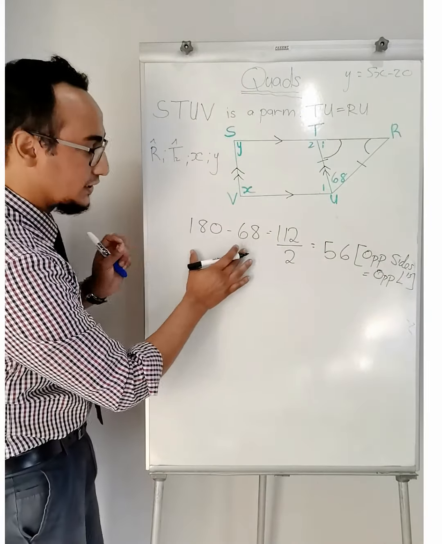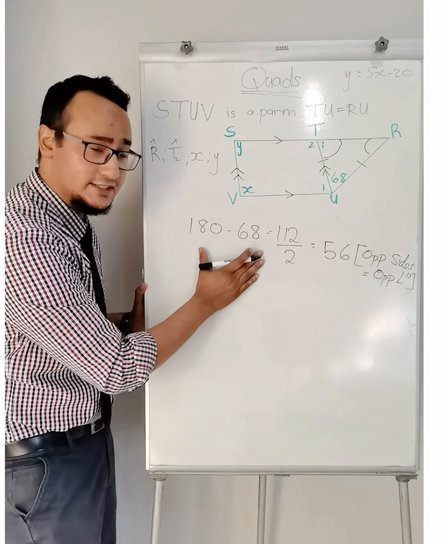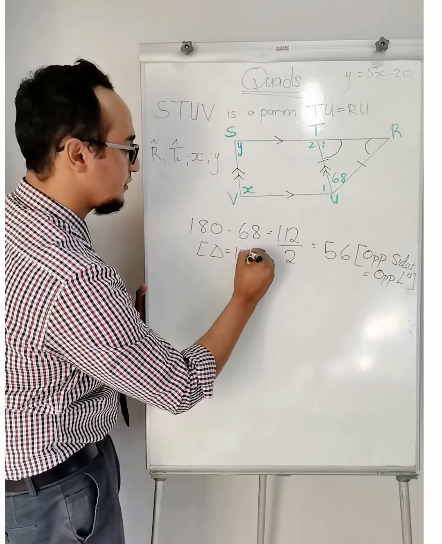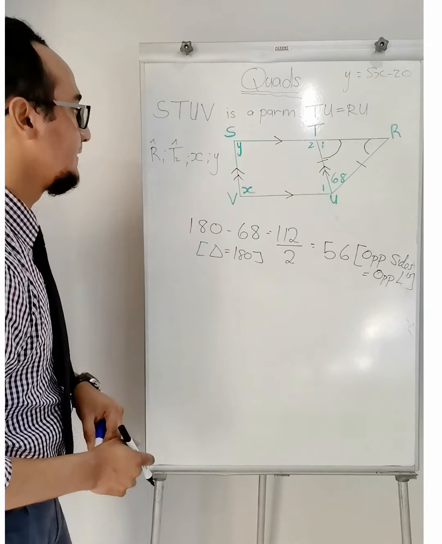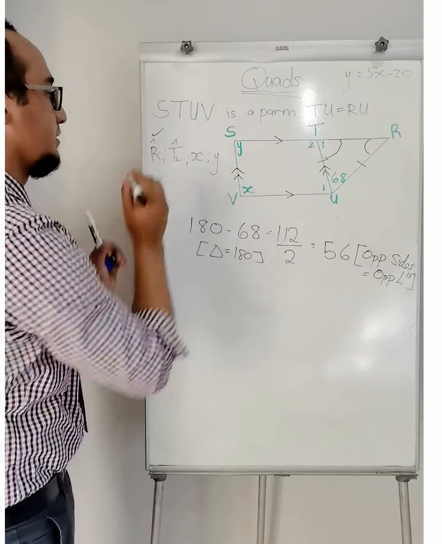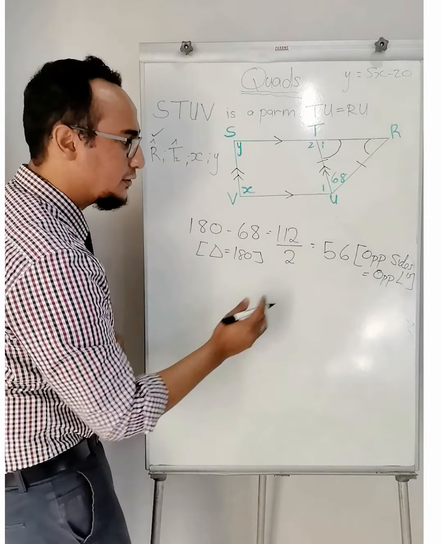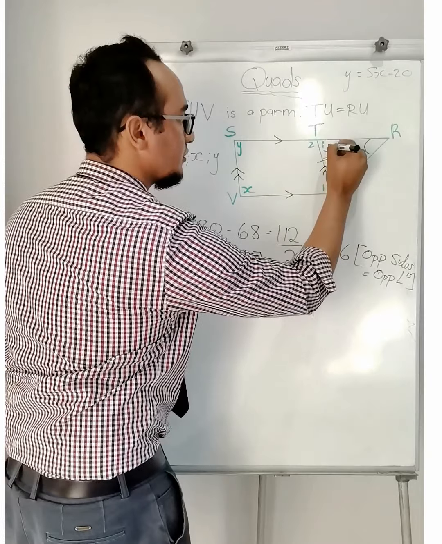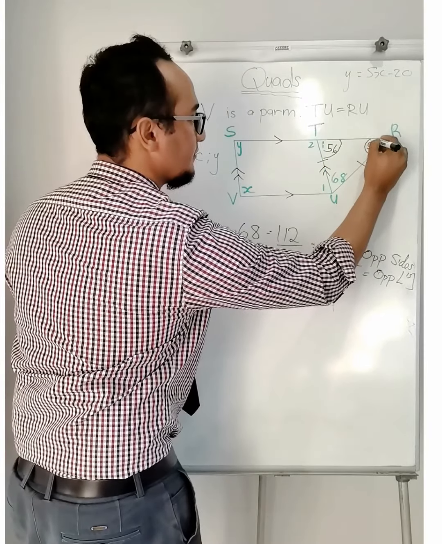Please don't forget to write in the reason over here. This is interior angles of a triangle equal to 180 degrees. Once you've got your information, you can already write it down in your question paper. So that is 56.